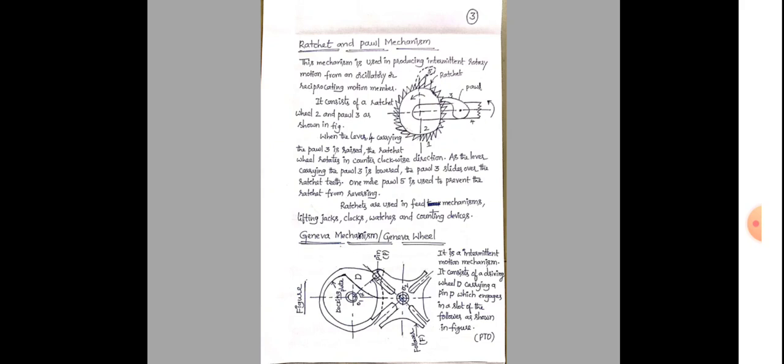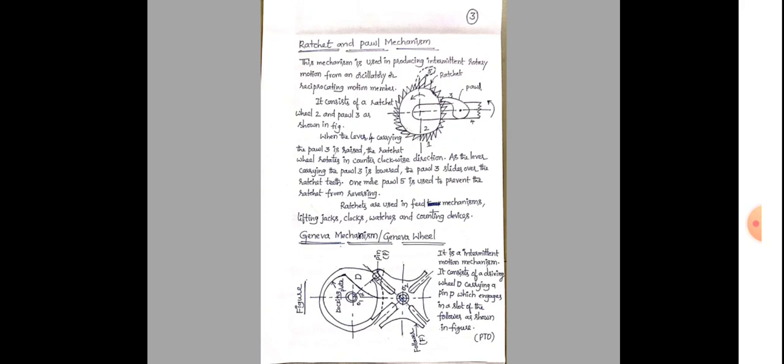Now it is an intermittent motion mechanism, as I said already. It consists of a driving wheel D carrying a pin which engages in the slot of the follower, that can be clearly seen in the figure.